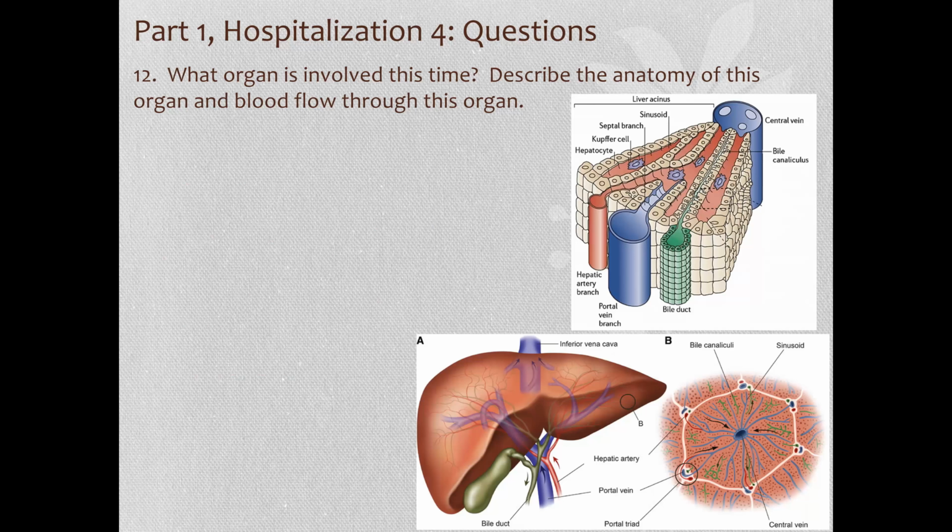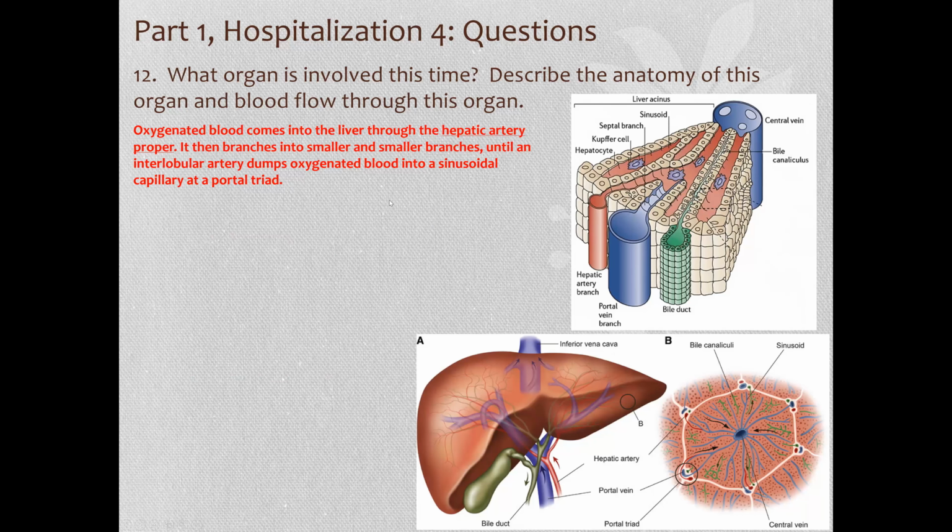So now we're going to look at the blood flow. Oxygenated blood comes into the liver through the hepatic artery proper. It then branches into smaller and smaller branches until you get an interlobular artery that dumps oxygenated blood into a sinusoidal capillary at the portal triad.